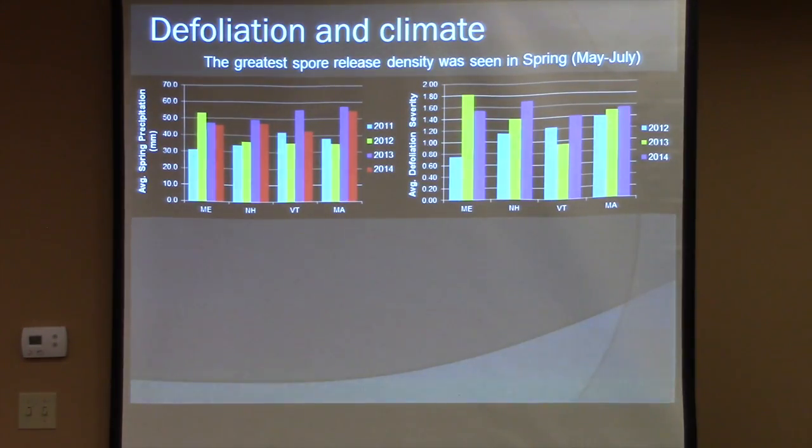With this knowledge, I went back and started with our average defoliation severity. As I said before, we did this on the 3 rating. I averaged the 8 sites together based on state, so we have Maine, New Hampshire, Vermont, and Massachusetts. Right here in blue we see 2012, in yellow is 2013, and 2014 is purple.